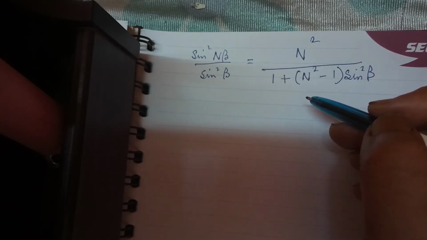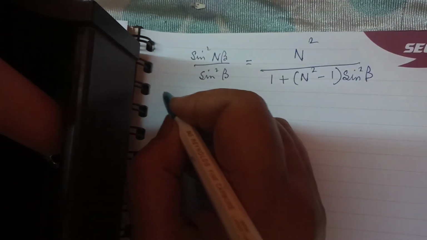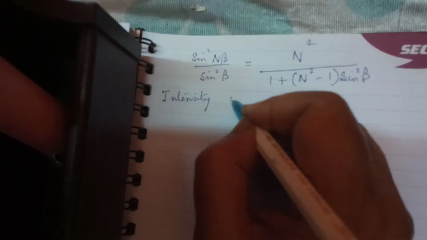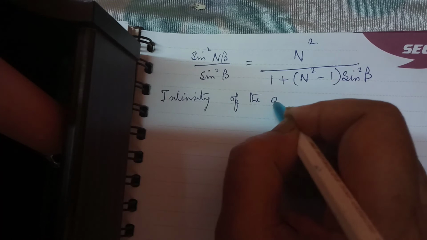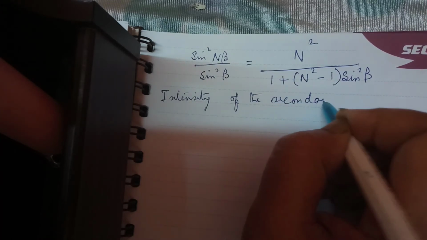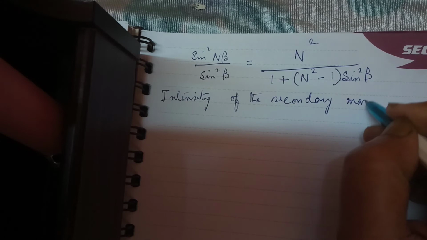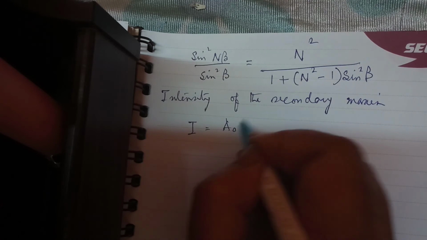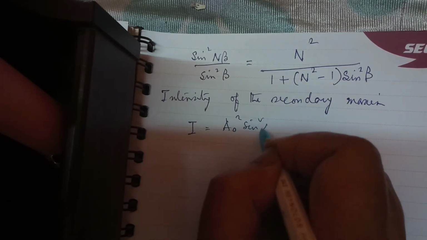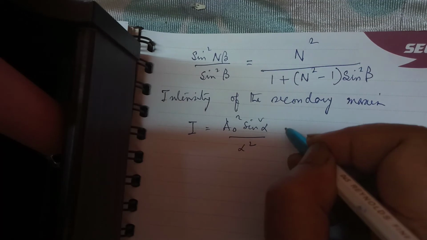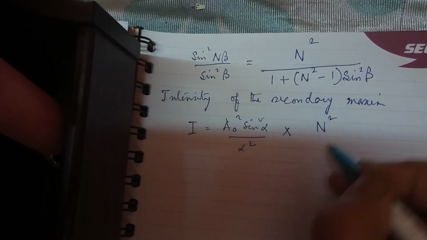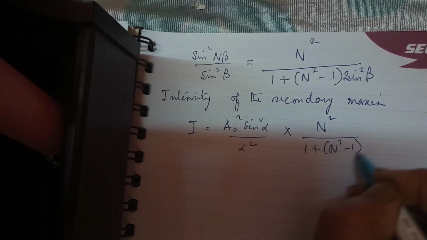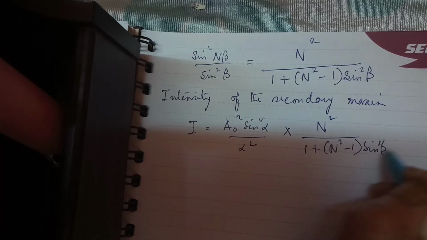So the intensity of the secondary maxima I becomes, this remains A0 square sine square alpha by alpha square into n square by 1 plus n square minus 1 sine square beta.